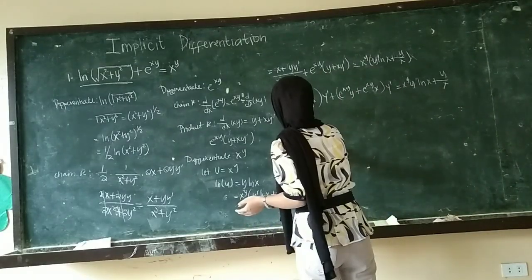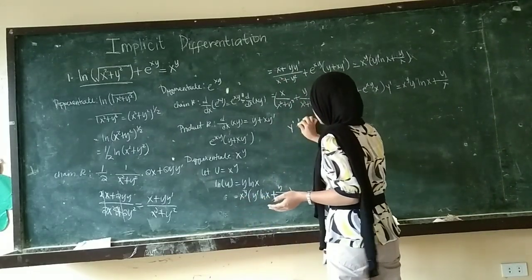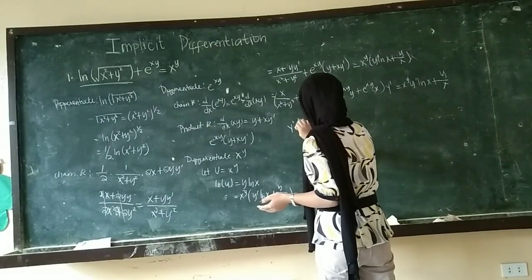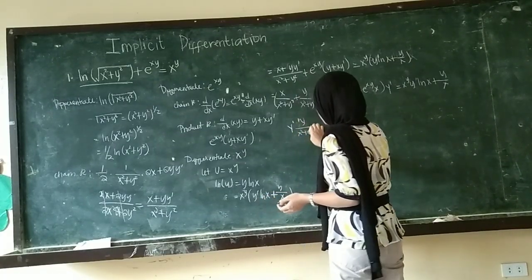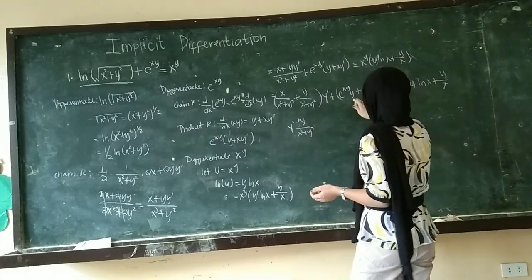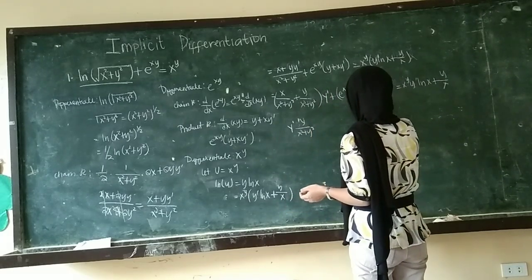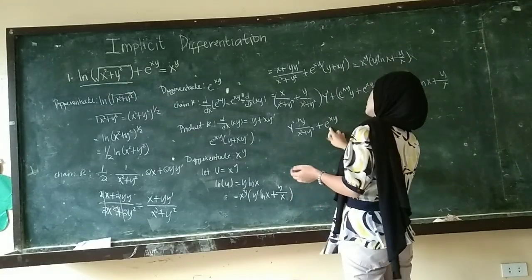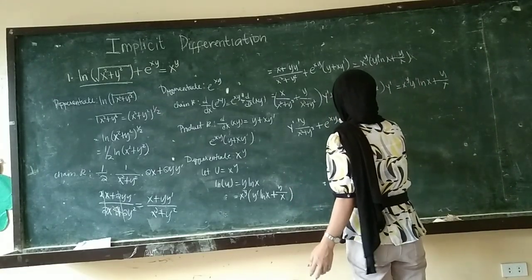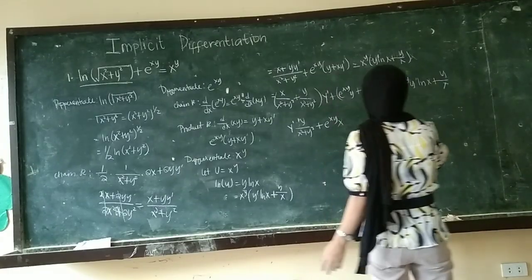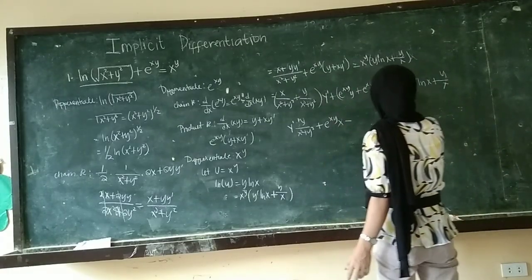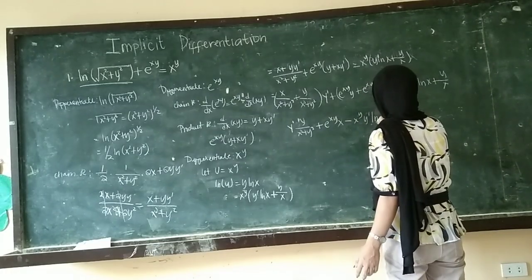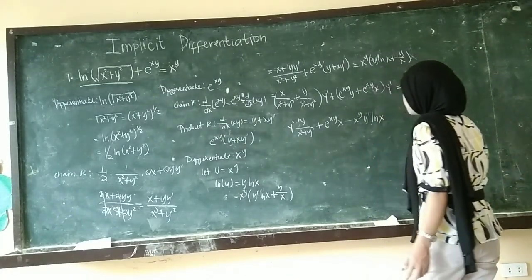So it will be y prime, copy this one, y over x squared plus y squared, then plus e raised to the power of xy times x, then minus x raised to the power of y times ln x.